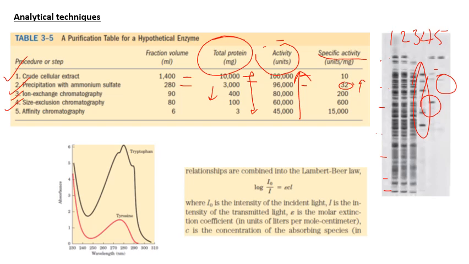Because of these differences, they also differ in the wavelengths of light that they either absorb or emit. So tryptophan and tyrosine are typical R groups that absorb at 280 nanometers of wavelength.